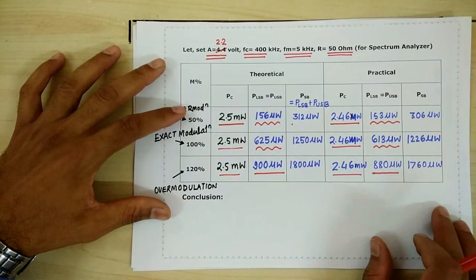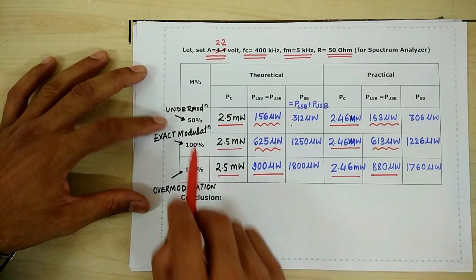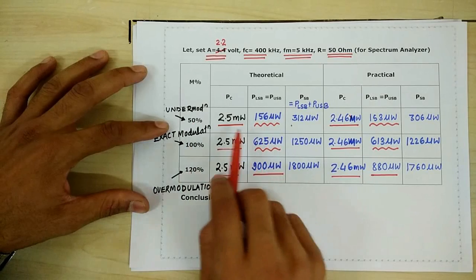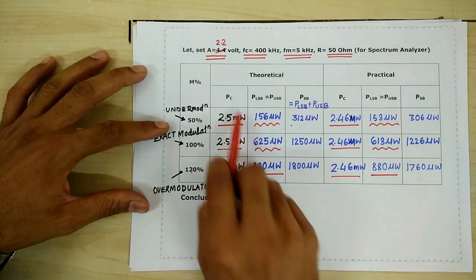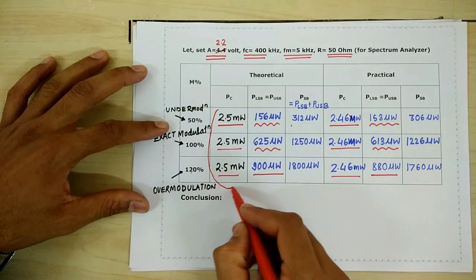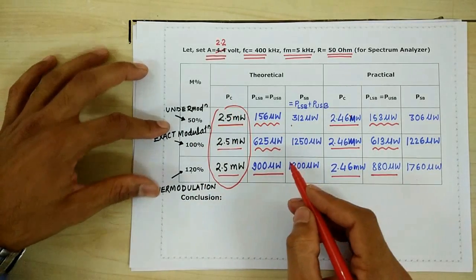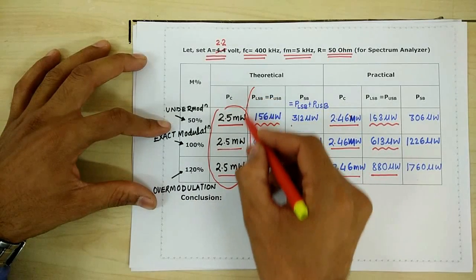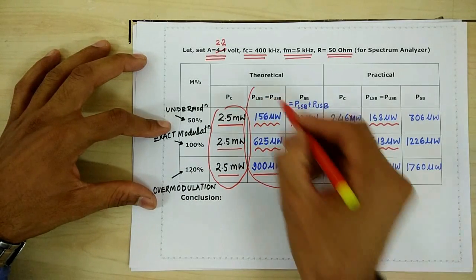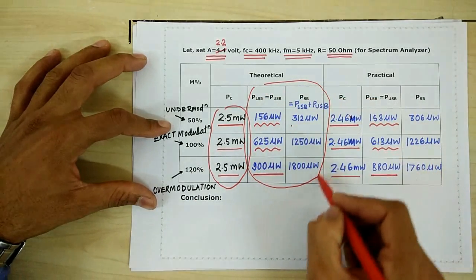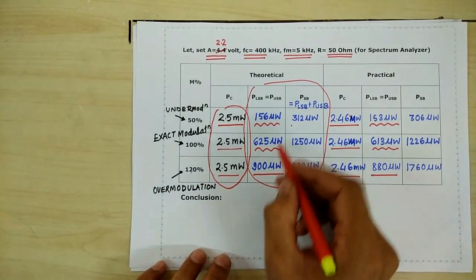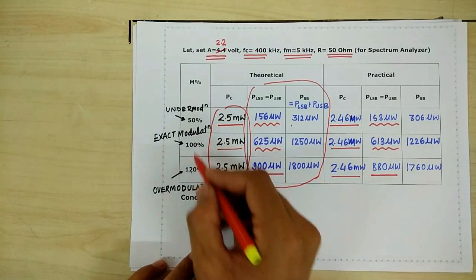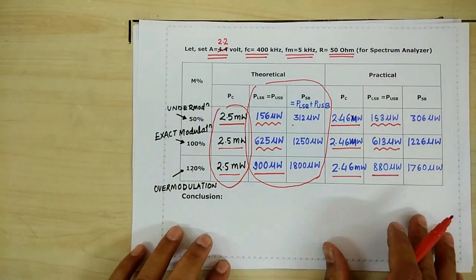So if you observe this, when we increase the modulation index, the carrier power is the same; these values are not changing with the modulation index. The sideband powers, the lower sideband and upper sideband, are changing and actually increasing with the increasing value of modulation index.